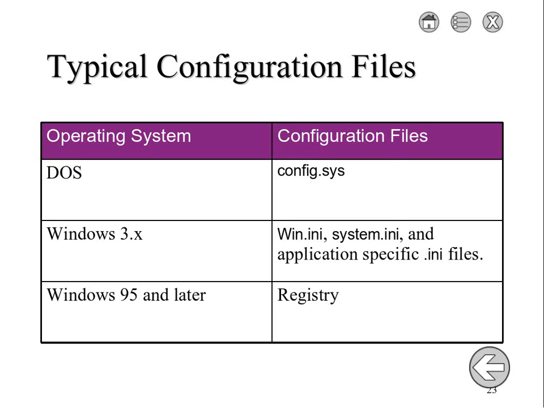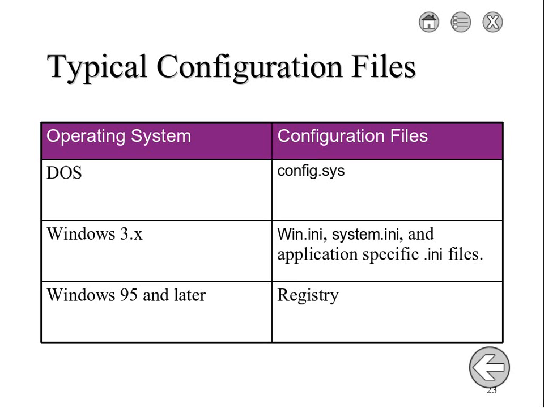The problem was that using a text file, if a new program was installed that needed to use the resources of the computer somewhat differently, it would go in and change the config.sys file. But sometimes it would change it in such a way as to cause another program not to work correctly. So sometimes we would install one program and it would mess up another program. And there were a lot of headaches that happened in the old DOS, the old version of the operating system.